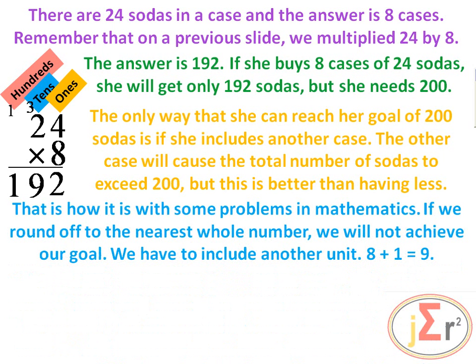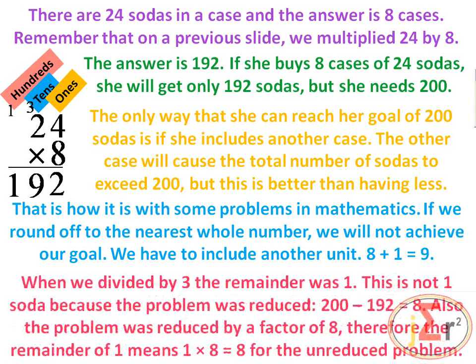This is how it is with some problems in mathematics. If we round off to the nearest whole number, we will not achieve our goal. We have to include another unit. So 8 plus 1 is equal to 9. When we divide by 3, the remainder was 1.